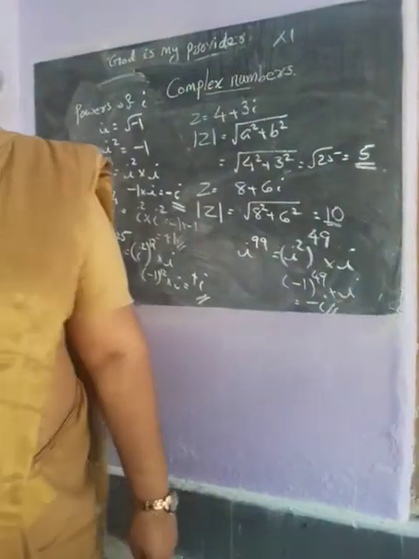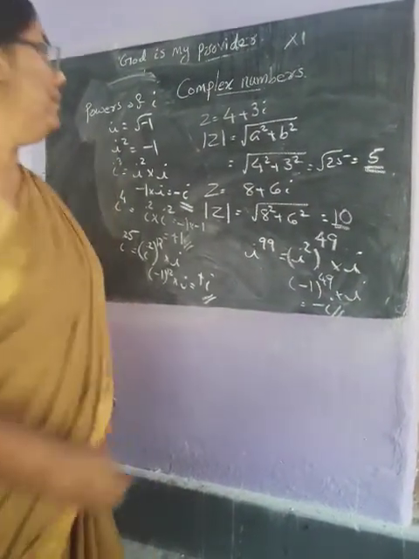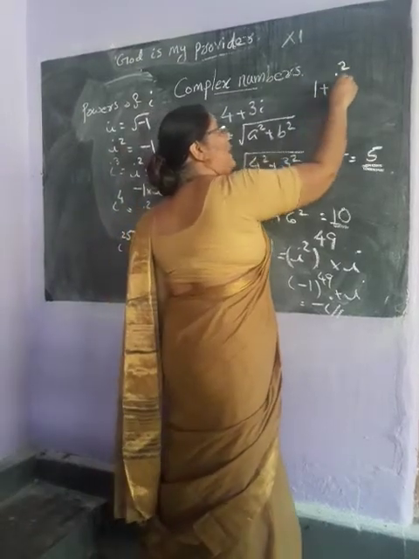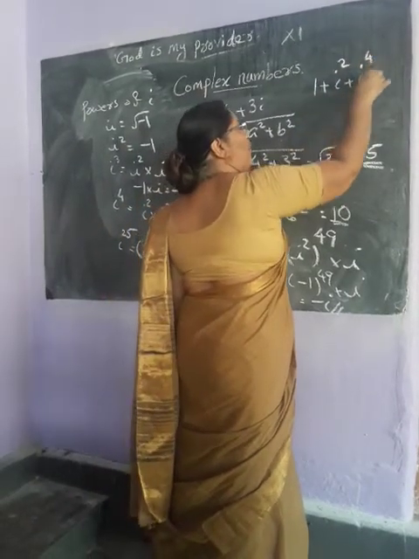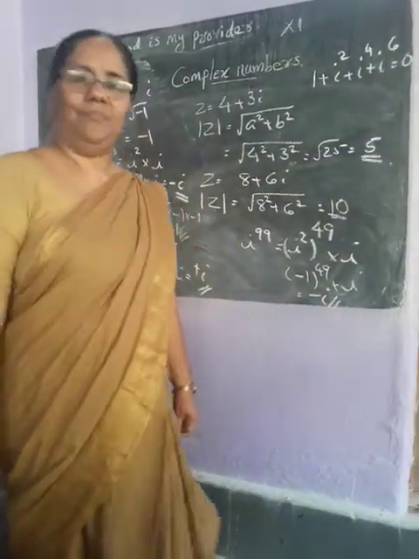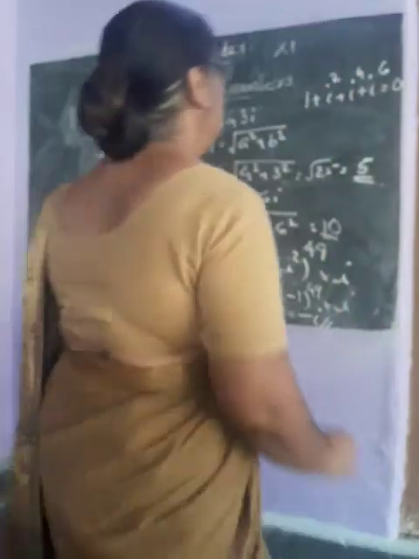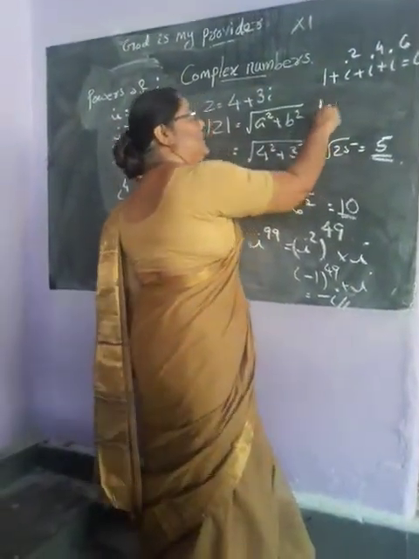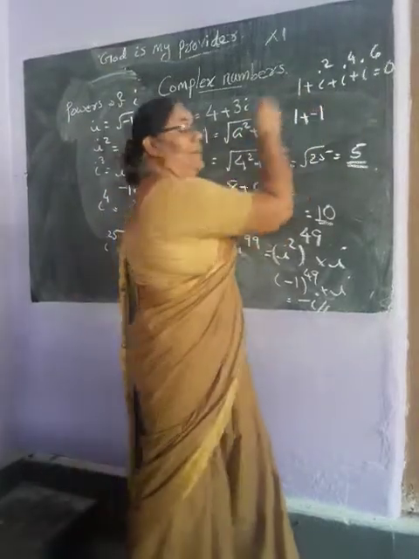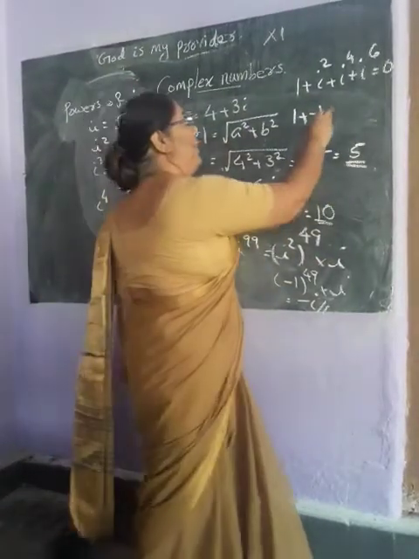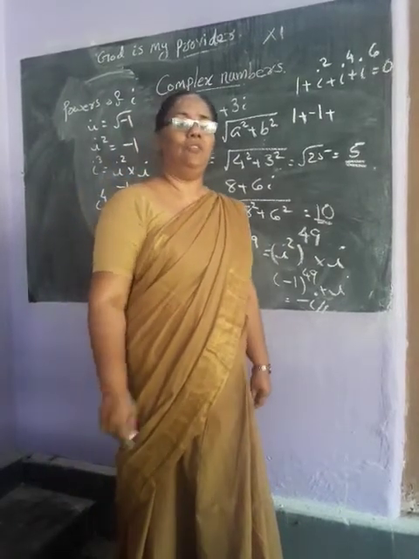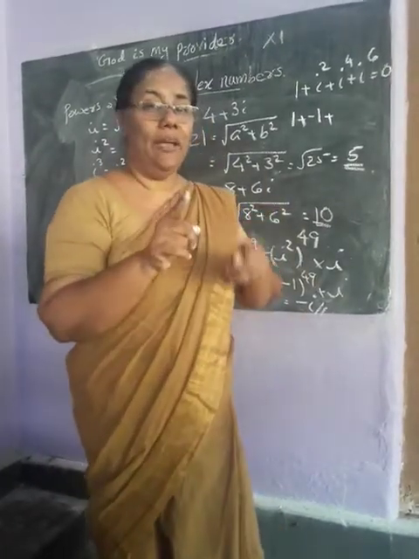Show that 1 plus i square plus i raised to 4 plus i raised to 6 equals 0. Find the answer. 1 is a constant. Then what is i square? You know that is minus 1. Then plus, how can you write i raised to 4? i raised to 4 means i square the whole square.